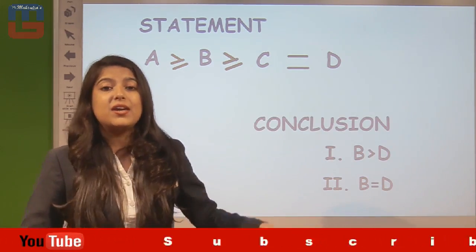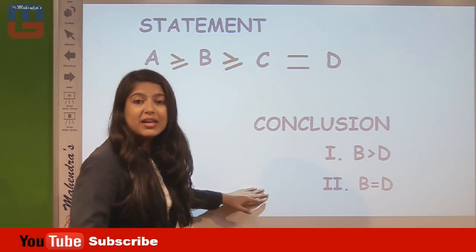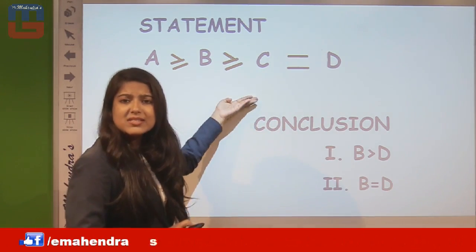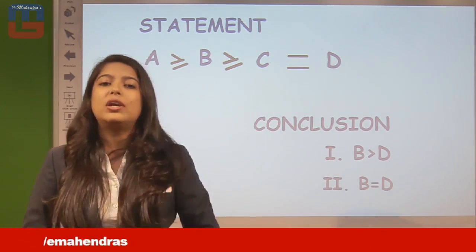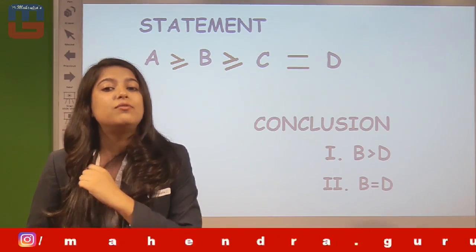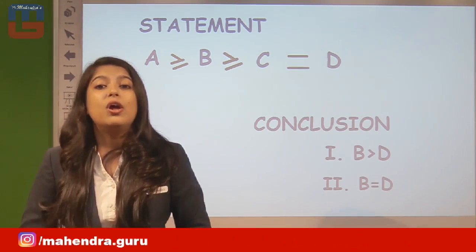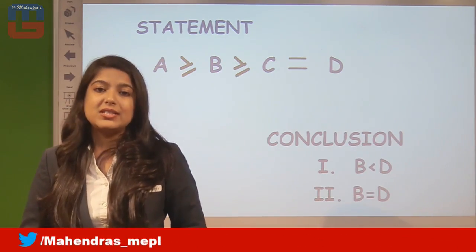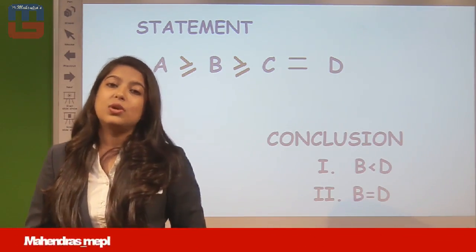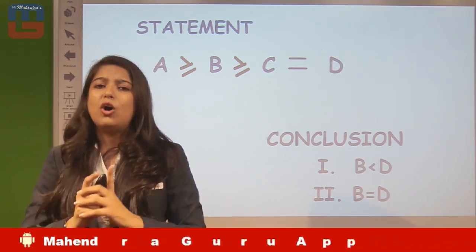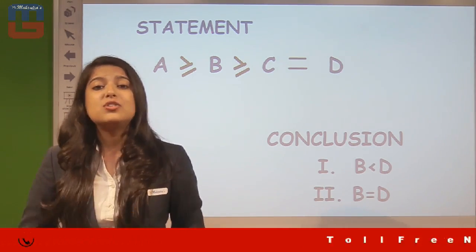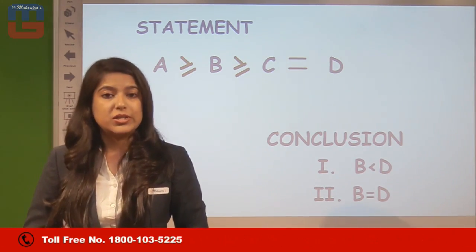So if the combination of signs in the conclusions makes sense with the statement, then only these two false conclusions would be declared as either or. But if these conclusions are not making sense with the statement part, then they will not approach us to the either or condition. So you have to remember this while marking the conclusions, right?